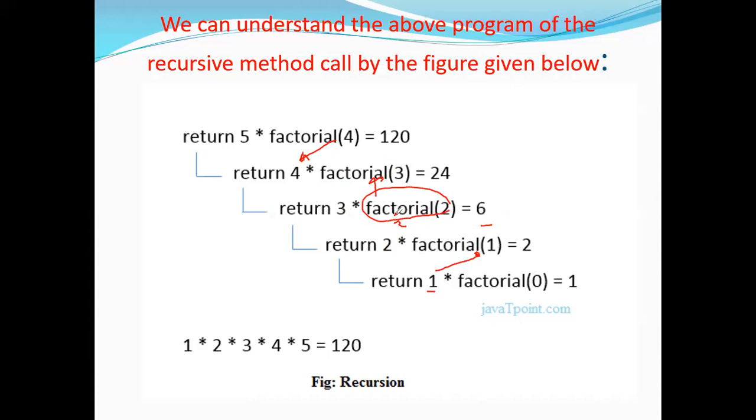For that, this 6 is multiplied with 4, that is 4 into 6, which is 24. This 24 is returned back, that is fact 4. Fact 4 is 24 and is multiplied by 5. This 5 into 24 is equal to 120. This 120 is returning.